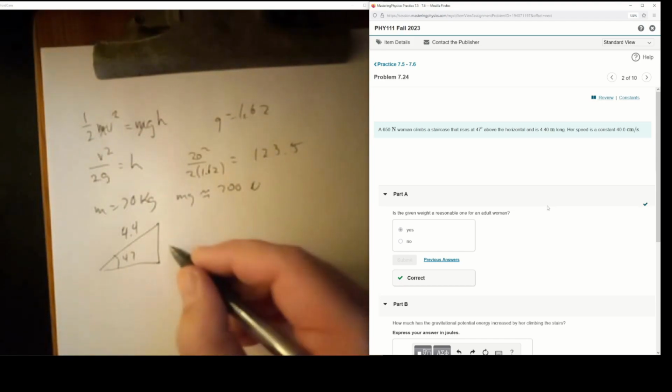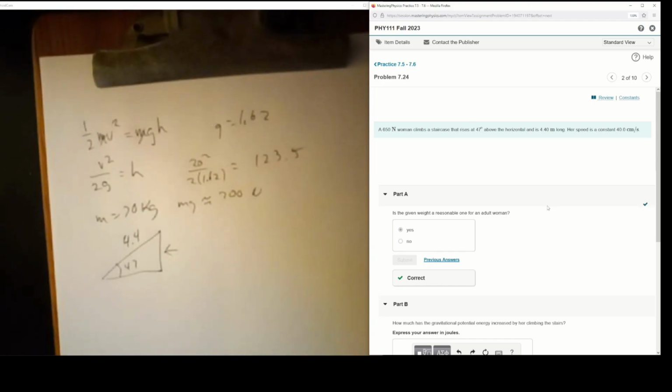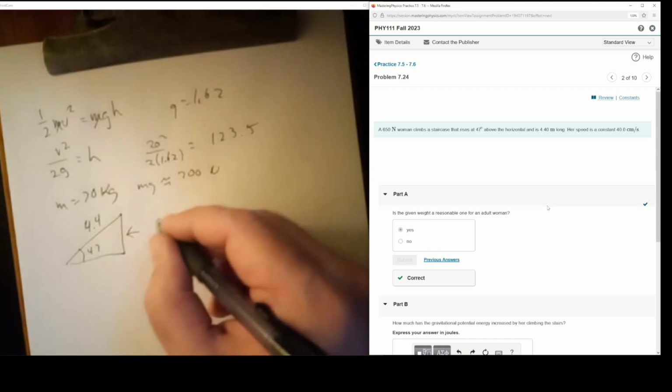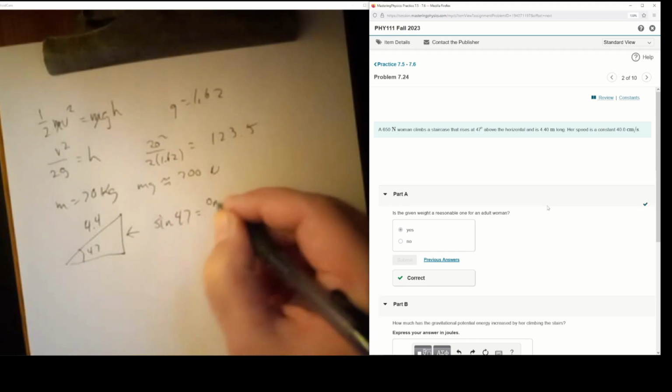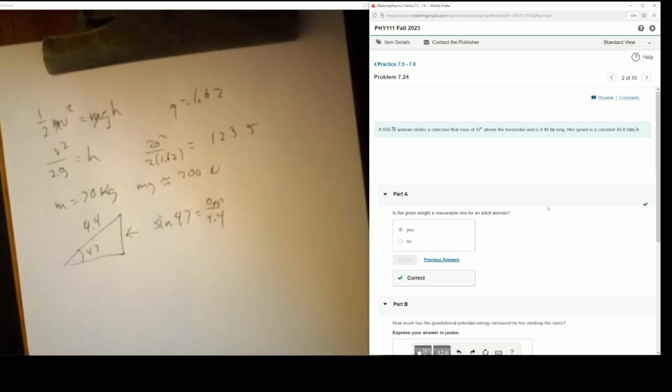So if we want to actually get the height, which is the opposite leg here, then the opposite leg is going to be given by sine. So opposite over hypotenuse.